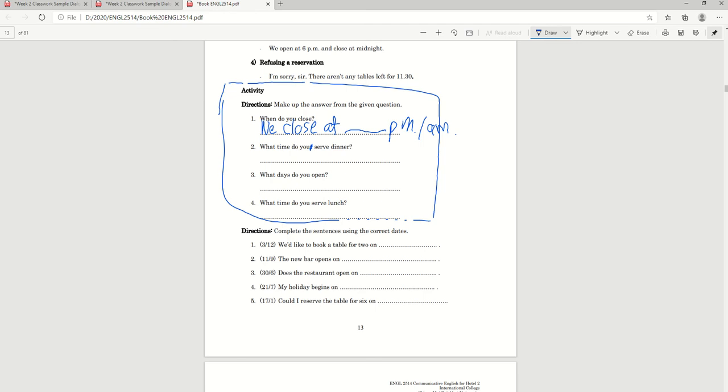No. Even though there is no exact time, one restaurant can serve dinner starting from 6 p.m., but another restaurant can serve dinner at 5:30 or 6 p.m. So it depends on each restaurant, but it must be logical, it must make sense. You can say any time, but make sure that the period of time is for dinner.